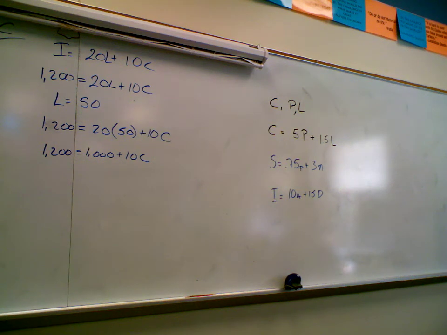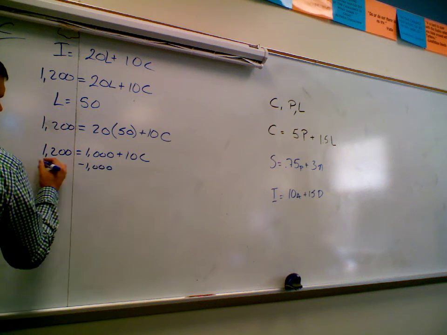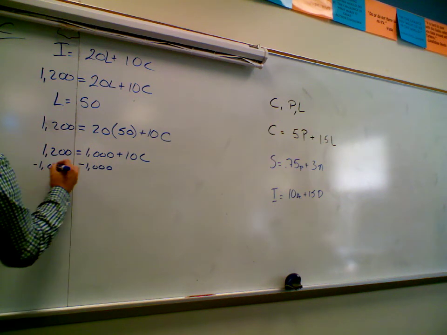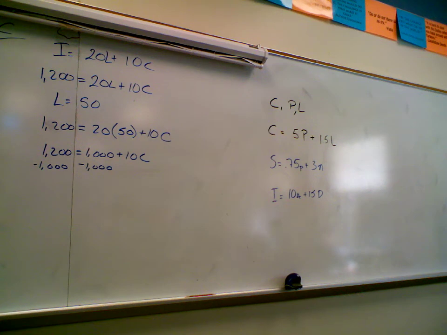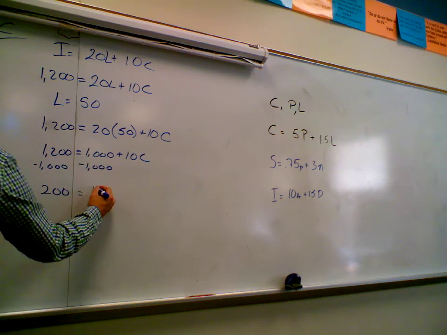Everything you just did in your brain, we're going to do here showing the work. So when you said there's 200 left he still needs to make, what you did was you subtracted 1,000 from both sides. Because you said he's made 1,000, you only need to make 200 more, didn't you? So now how much does he have left? 200. So after he mows his 50 lawns, he still has 200 left to make.